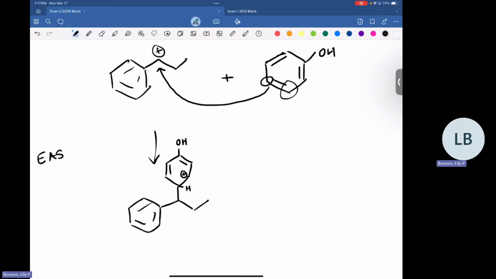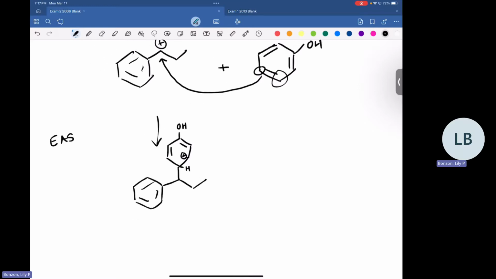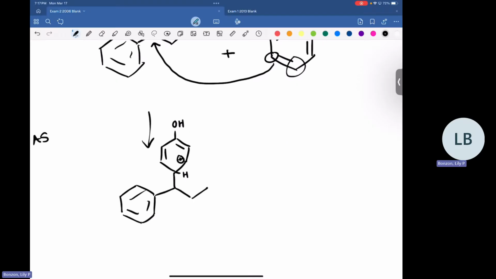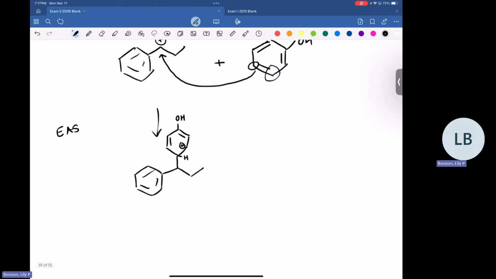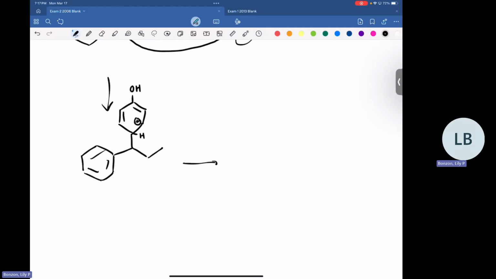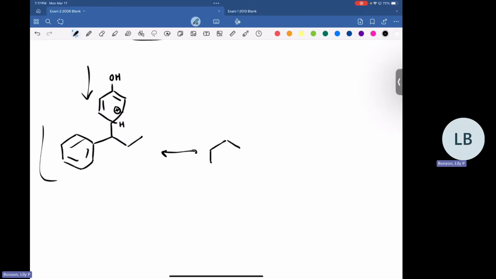So again, this is just the EAS mechanism, so if you want to review that, you could do that. But we know it's a benzene, so it's going to do all this resonance around that ring since it's aromatic. So we're just going to get a lot of transition states, a lot of resonance structures.